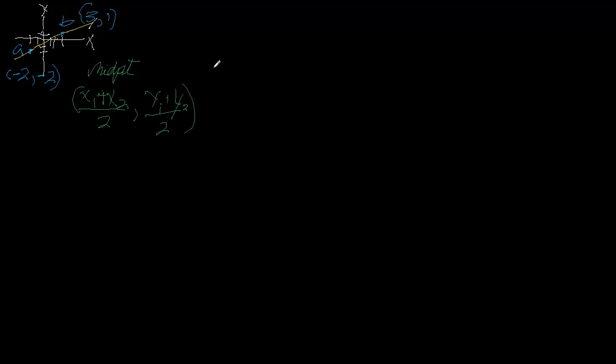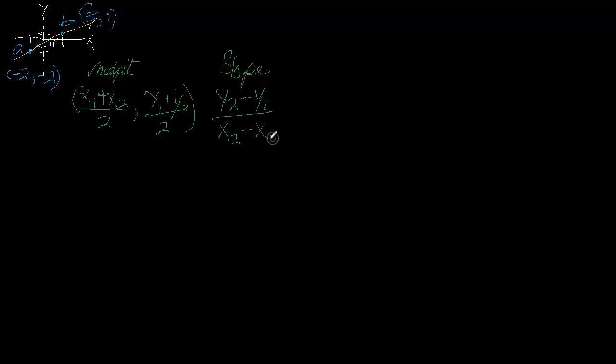and that's certainly going to be the midpoint because it's the average. Then we want to know our slope, which is going to be the difference of y, which we call the rise, over the difference of x, which we call the run.